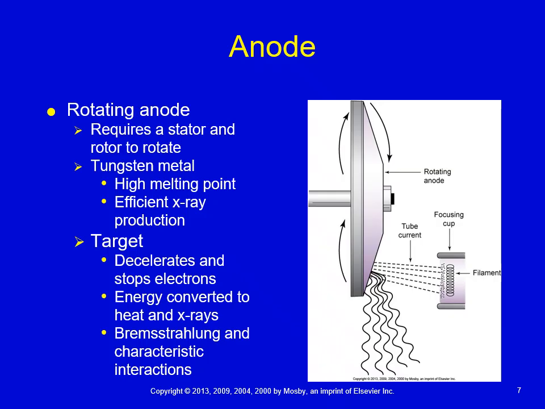The stator is actually outside of the enclosure. When the tube is energized, there's current that flows into the stator. The stator will produce a magnetic field, and that magnetic field is what causes the rotor to spin.